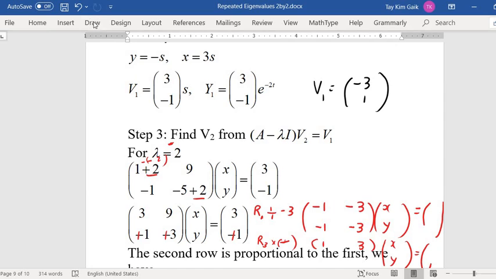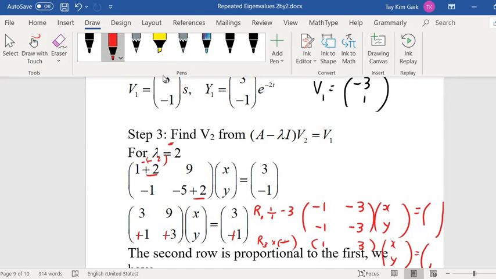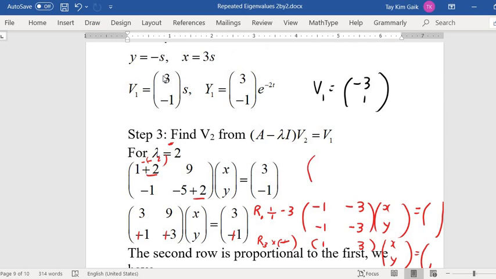So I should have here, if I use this variation, negative 3 and 1, then mine should be 3, 9, negative 1, negative 3, xy, equal to negative 3 and 1.